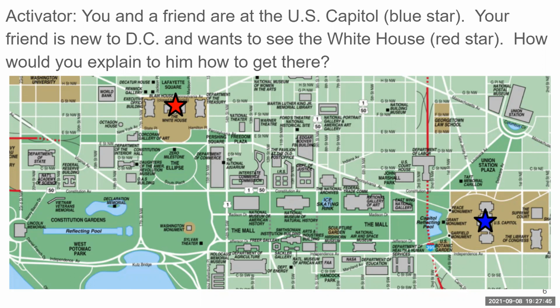It's really difficult to do with this particular map because it doesn't have a scale. But that's what we were looking for, that your directions were specific, that we didn't say things like, go to the Capitol and go up to the White House. It's on Pennsylvania Avenue. That would be really confusing for people.